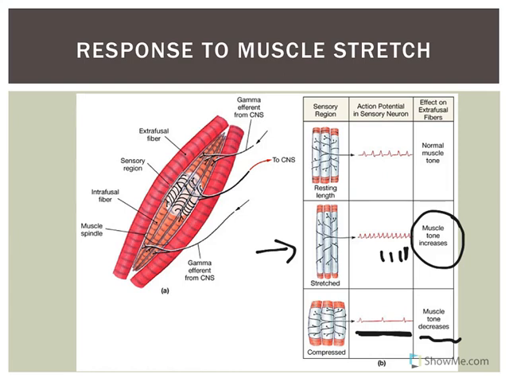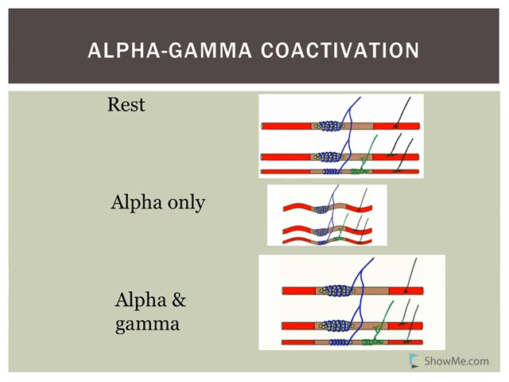The ultimate result is to change the muscle tone. Now, what would happen if you have activation of alpha motor neurons only is, within the muscle spindle, if you contract that muscle, the spindle is going to become lax.